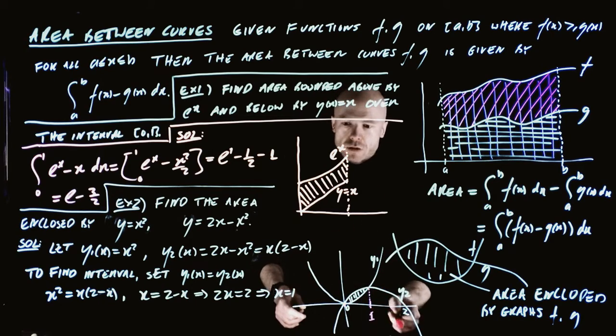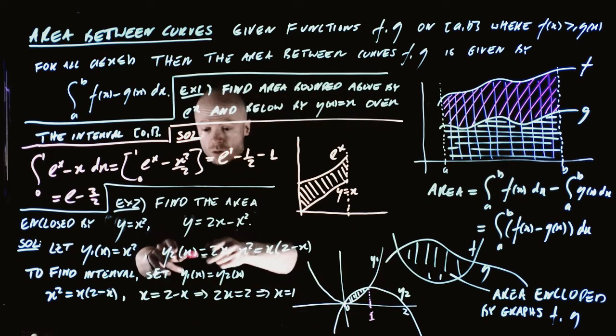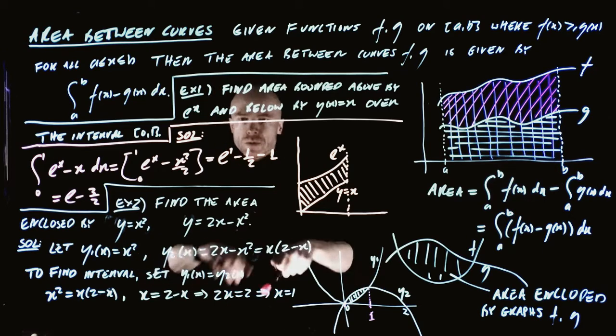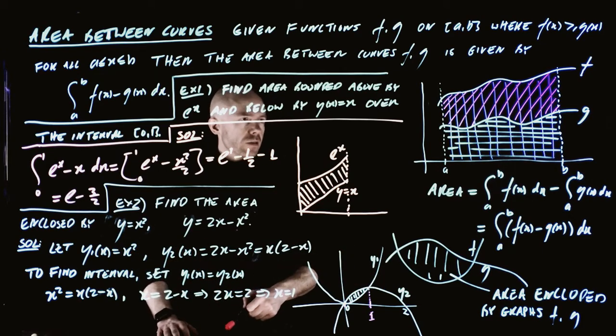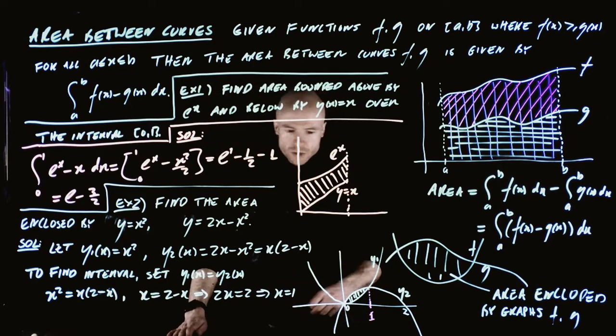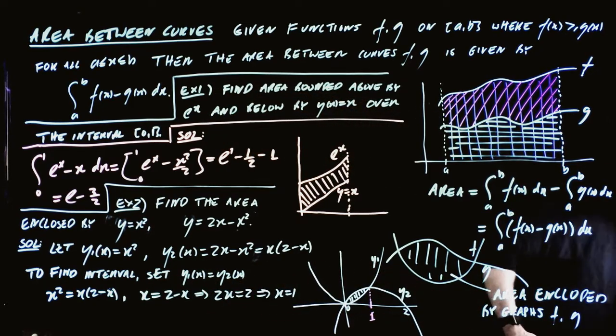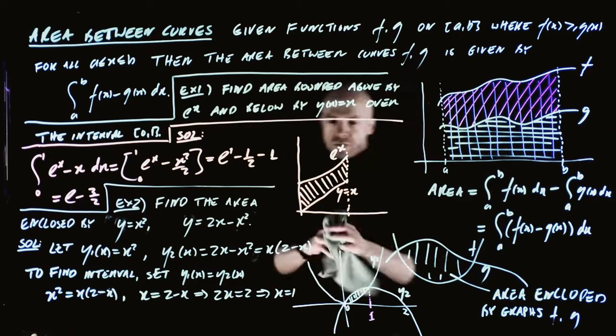We have to integrate from 0 to 1, and we're going to have to take y2, this guy on top, minus y1. Let's try and squeeze that in. Erase some of this other stuff.